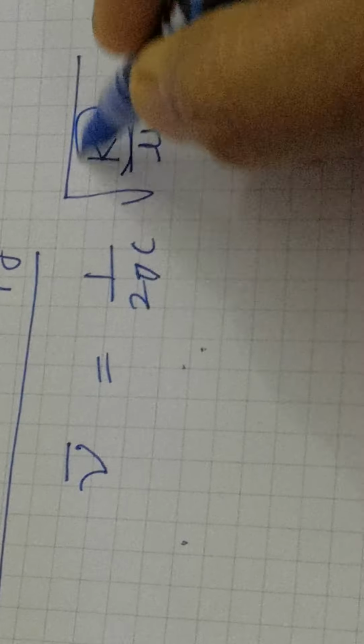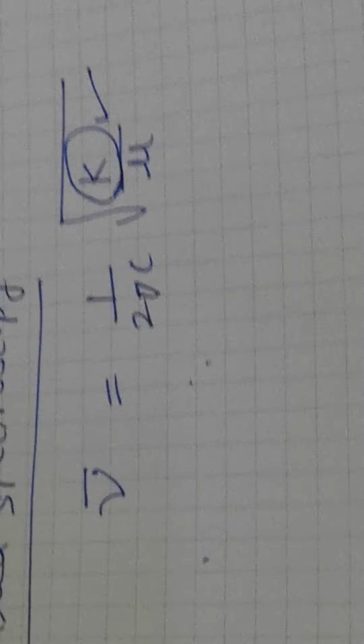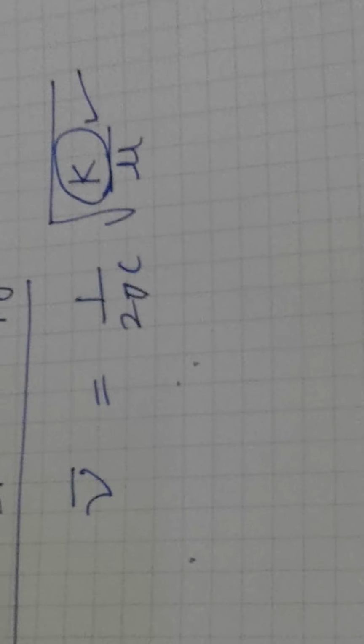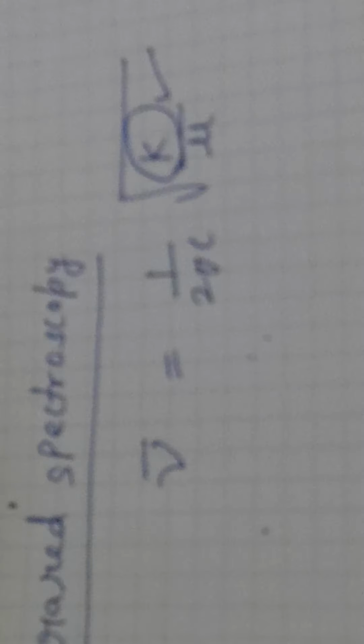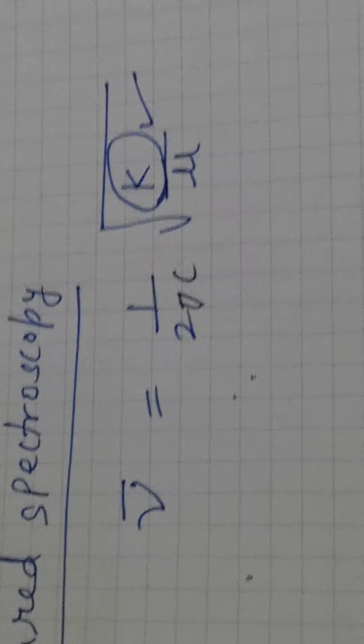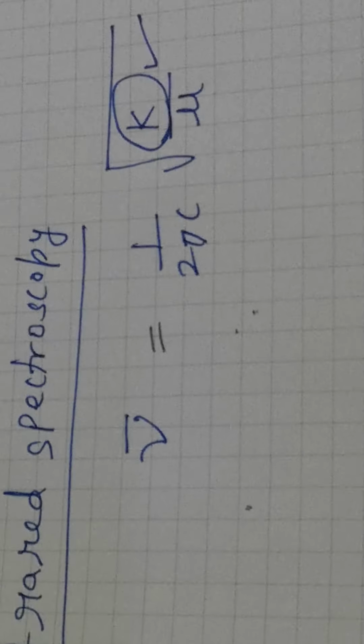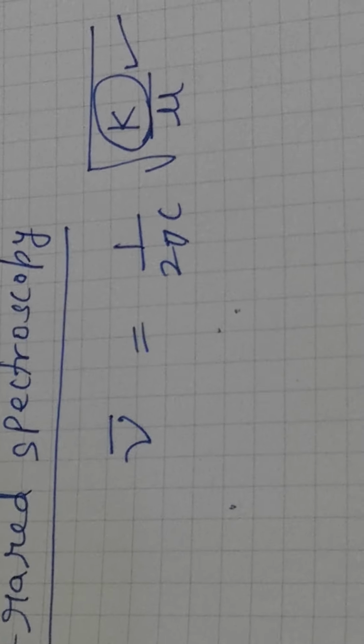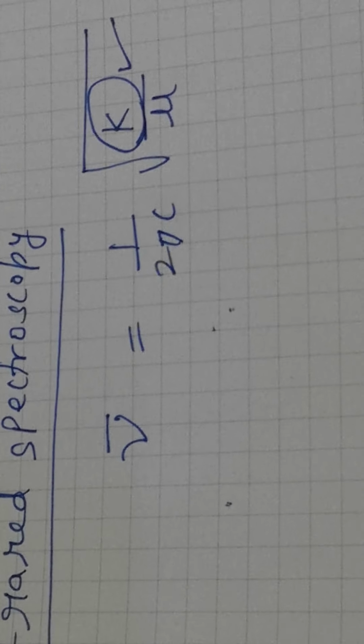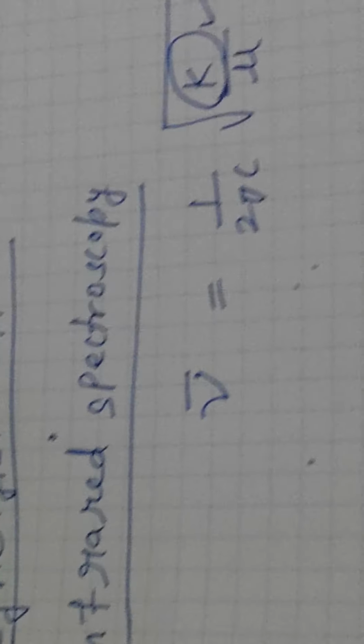You all know that k gives the bond strength. If bond strength is more, then the frequency or wave number will increase. If in the exam they are asking about bond order or bond strength, these are all related to infrared spectroscopy.